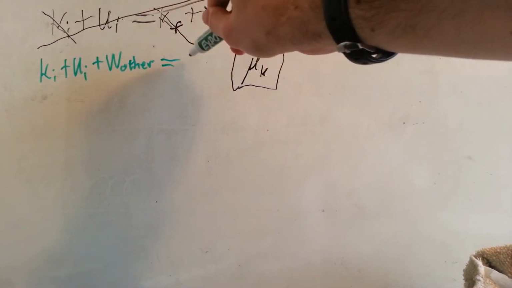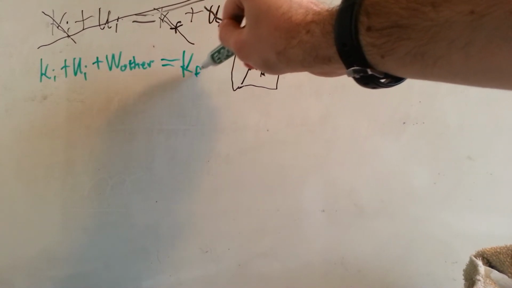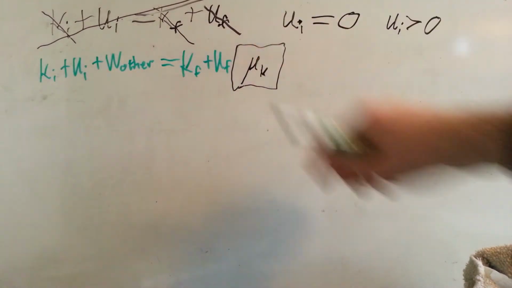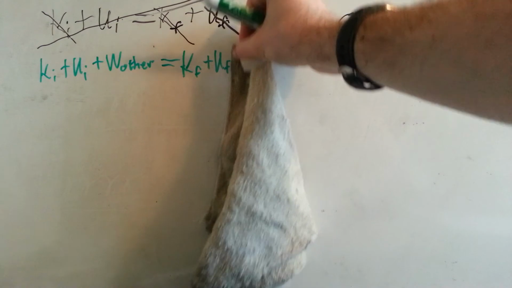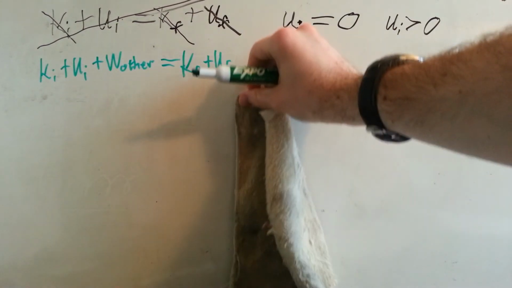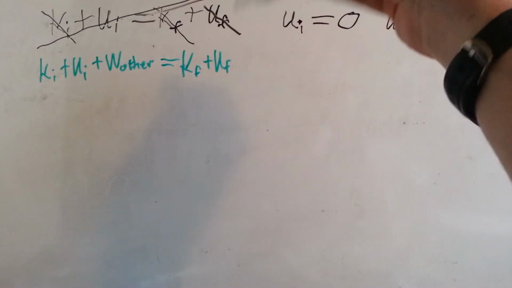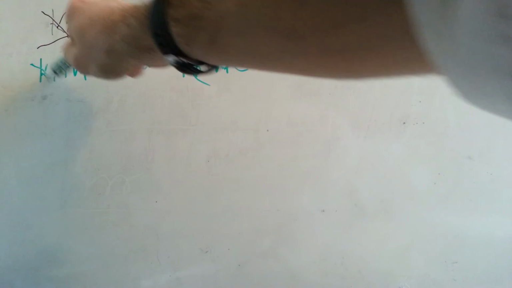It's equal to K sub F plus U sub F. This is just what we want to find. Don't need to leave that up there. Okay. But everything we said earlier still applies. This is 0, this is 0, this is 0.